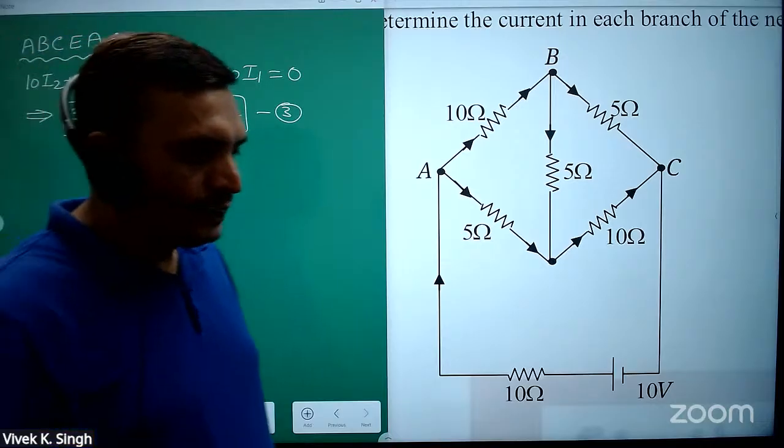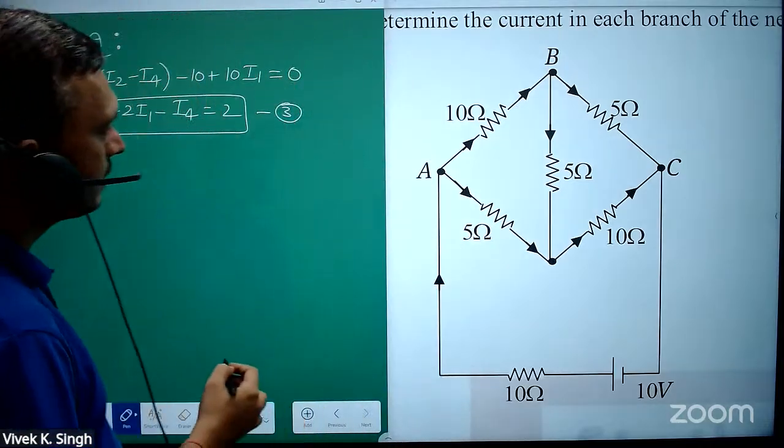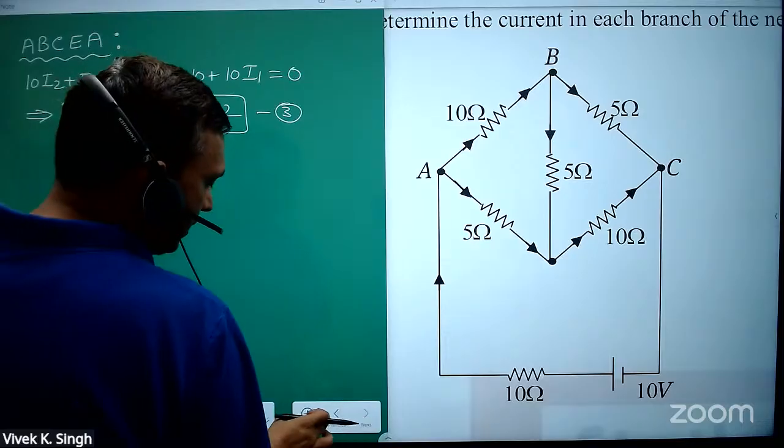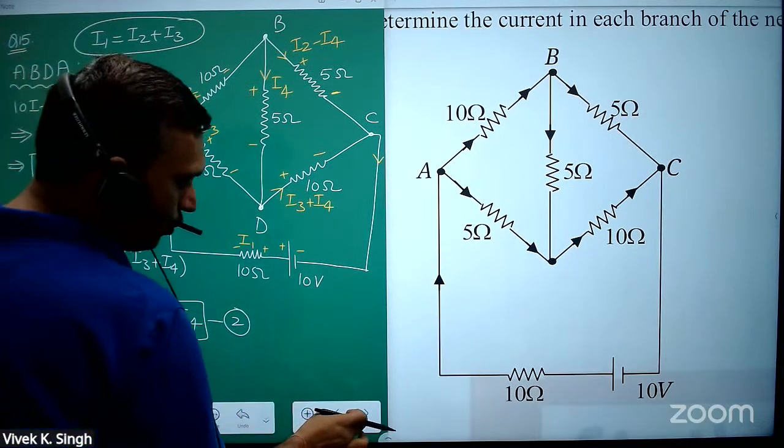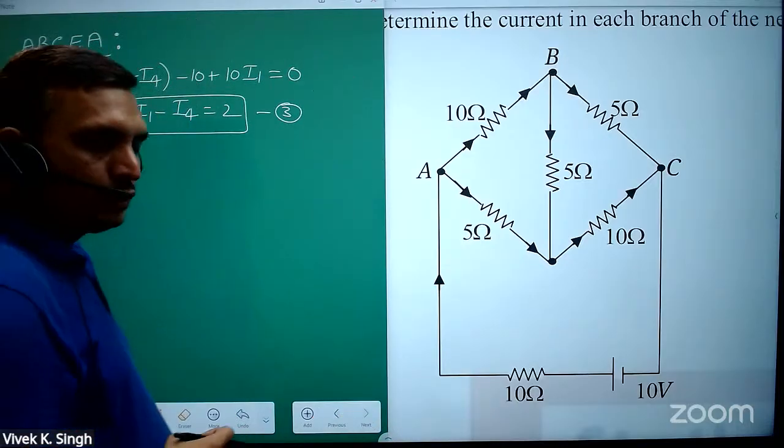Now you have 4 equations. These 3 equations plus I1 is I2 plus I3. So using these, you have to solve it. So let's try to solve it.